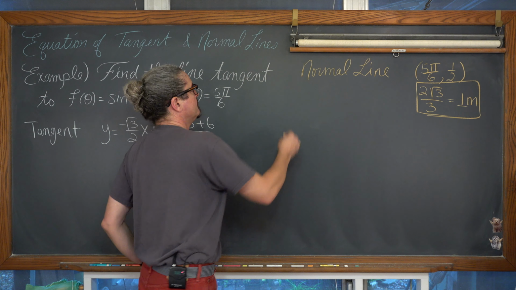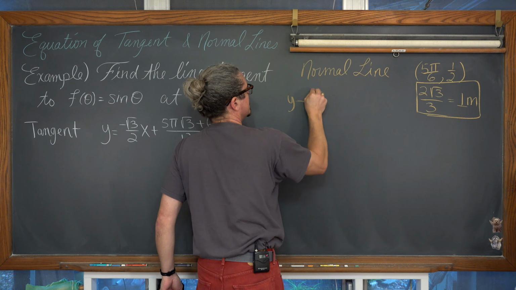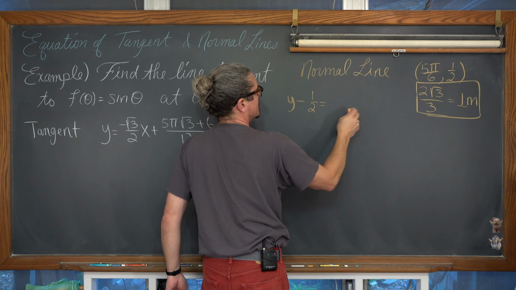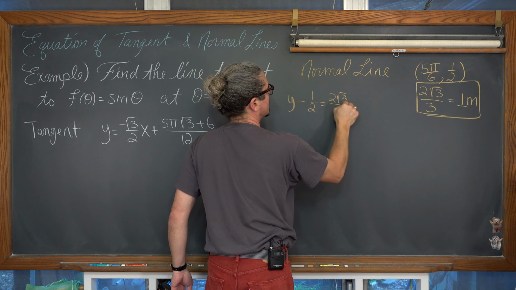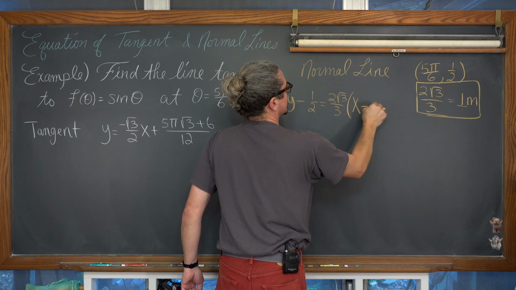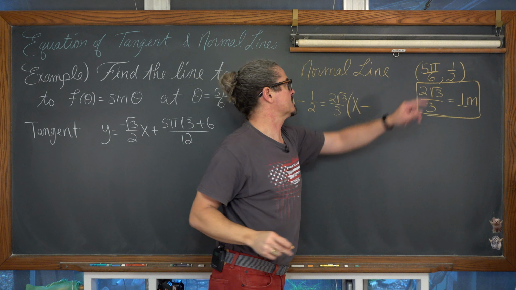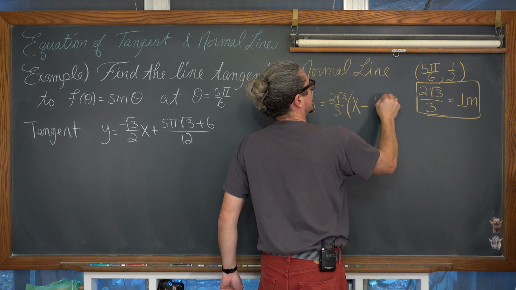Point-slope form of a line: y minus y sub 1, so y minus 1/2 is equal to m, 2 square root of 3 over 3, times x minus x sub 1, x minus 5 pi over 6.